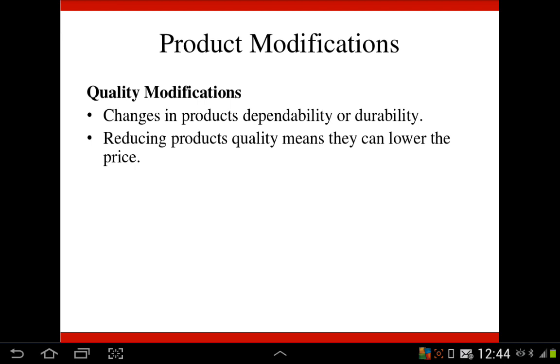Sometimes you need to reduce your price. Maybe things are becoming too expensive, and the only way to keep the price stable because of inflation is by reducing the quality.